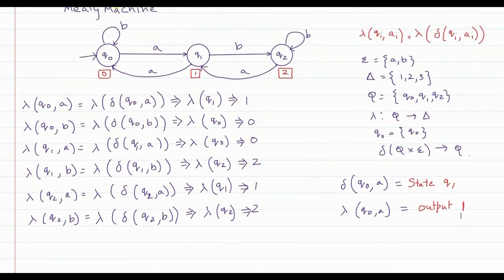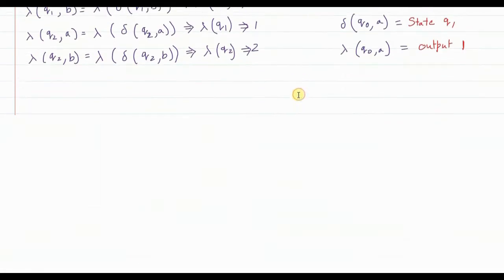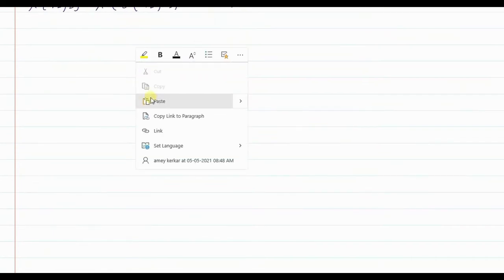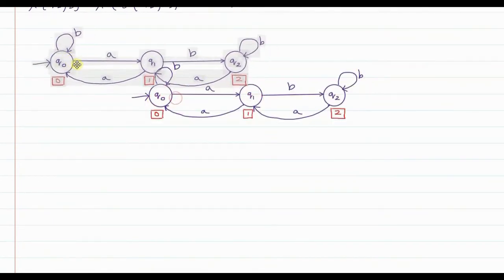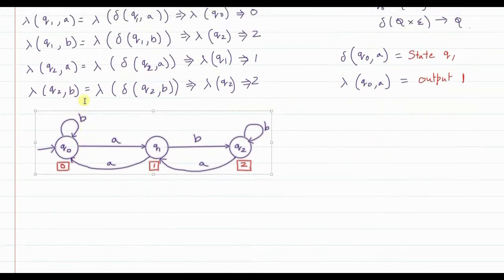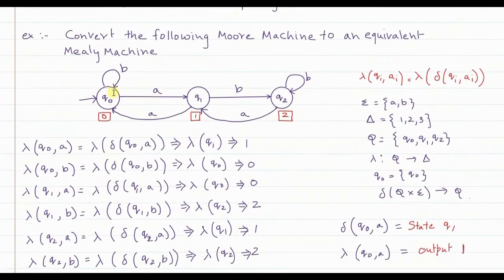So how do we draw the equivalent Mealy machine? I'm sorry, this is the Moore machine. So for my equivalent Mealy machine, one thing please remember: in a Moore machine the output is associated with each state.